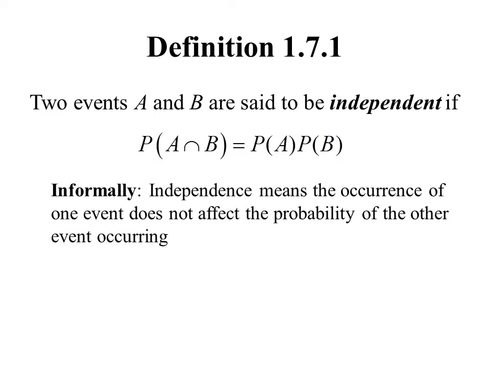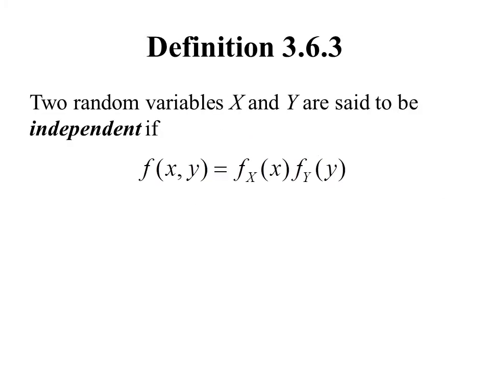So what we're going to do now is to kind of extend this idea of independence to random variables. So that leads to this definition, 363, which says that two random variables, x and y, are said to be independent if their joint PDF equals the marginal PDF of x times the marginal PDF of y. So in other words, they're independent if their joint PDF is the product of their marginal PDFs.